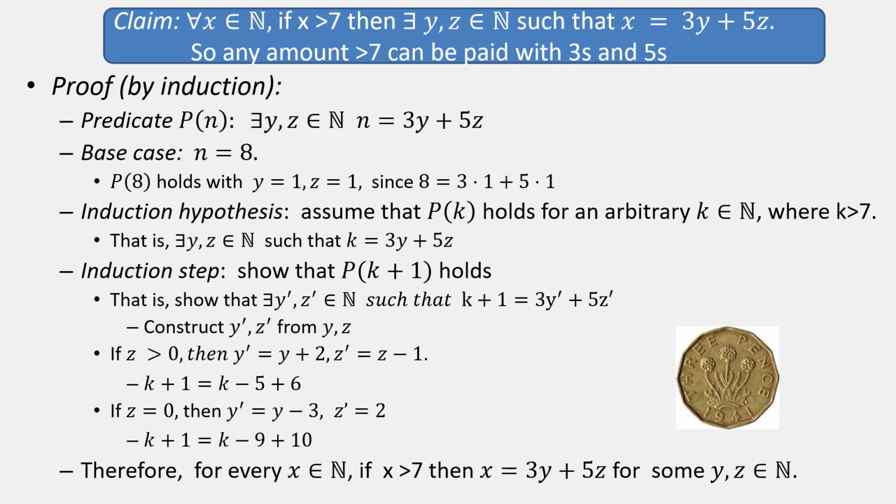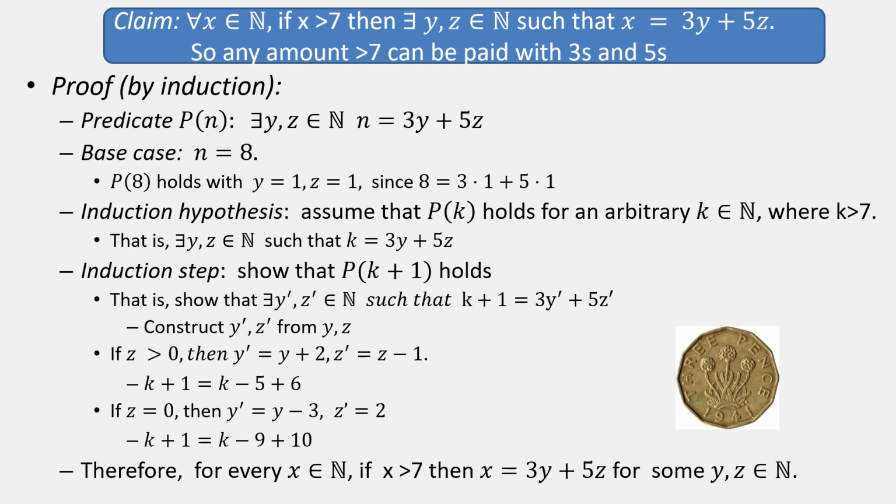And the base case is the first natural number that's greater than 7, so the base case is 8. So let's prove P of 8. 8 is equal to 3 plus 5, so we could pay 8 with one of the 3s and one of the 5s. Therefore, P of 8 holds. We found y, which is a 1, and z, which is a 1.